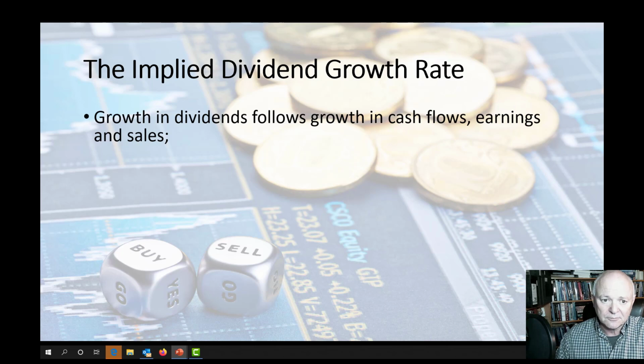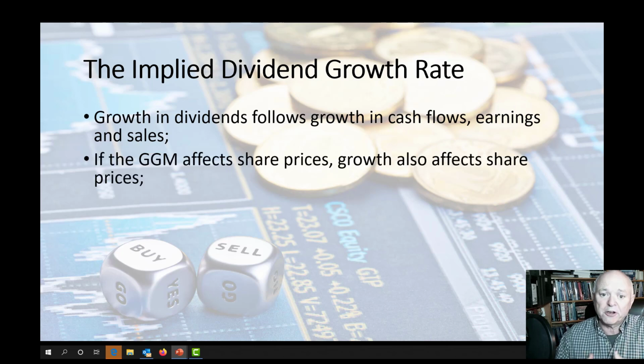In Gordon's growth model, if the model affects the share prices, the growth is also going to affect the share price.